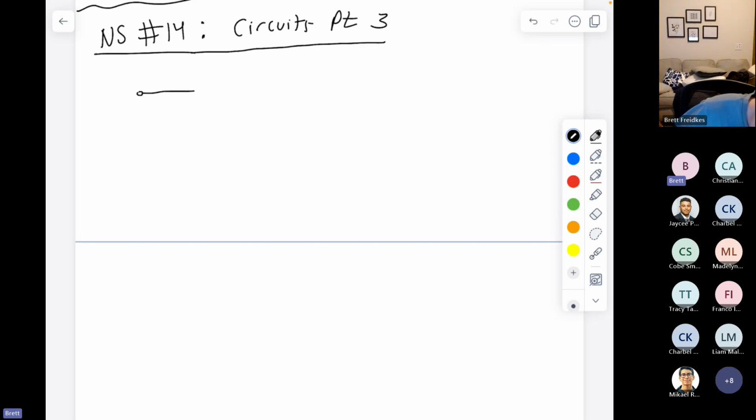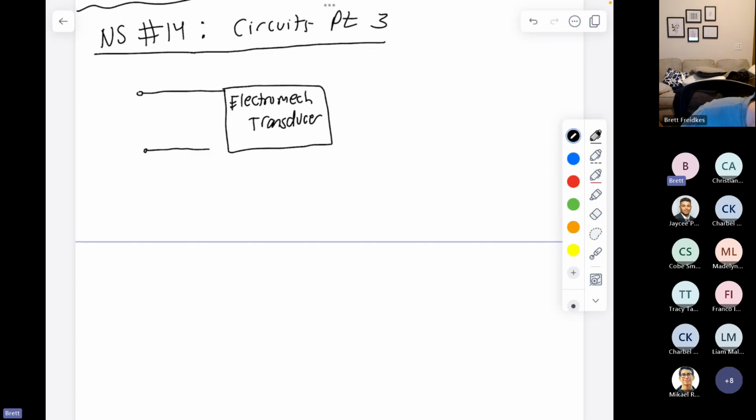A very general picture that you might see sometimes is that you have some sort of transducer. Let's say that this is an electromechanical transducer, where perhaps you have some input that is mechanical.